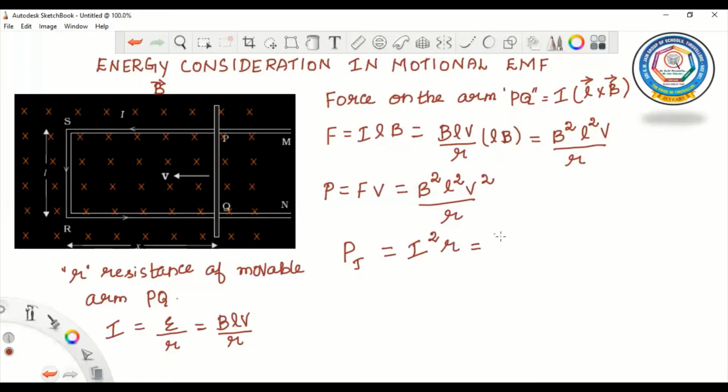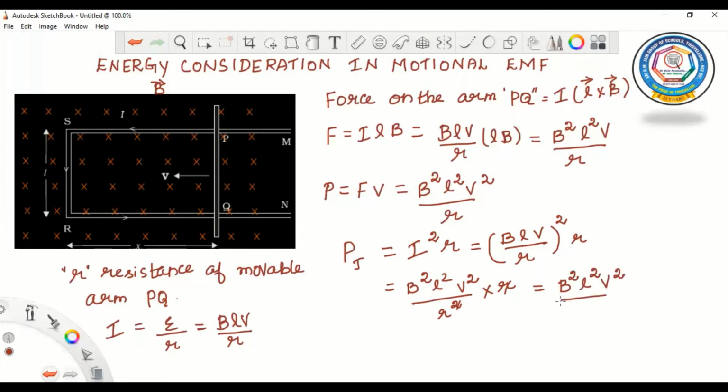So again we know that the induced current I is equal to BLV by R. So BLV divided by R, the whole square, into resistance R. So we will get B square L square V square divided by R square into R. Again these two will get cancelled, and we will get B square L square V square divided by R. So compare these two expressions, children.